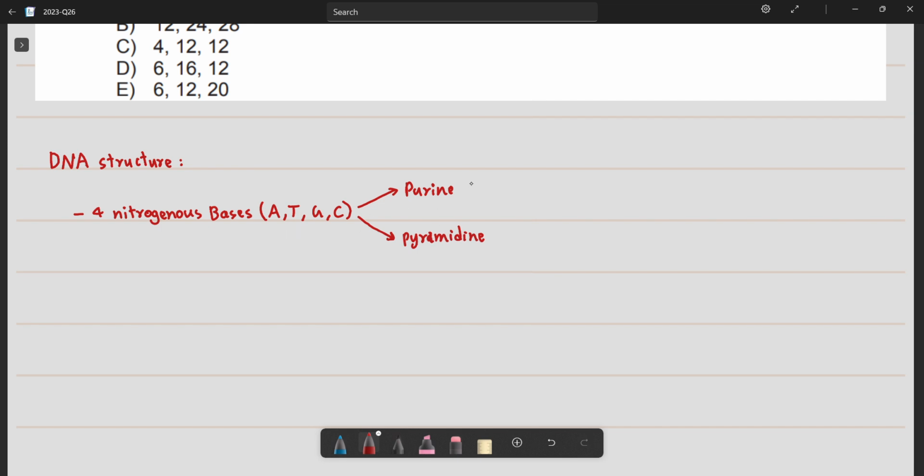So what's a purine and pyrimidine? The major difference is that purines are composed of two ring structures that are fused together, but pyrimidines have only one ring structure. Okay, so both are nitrogenous ring structures, but they differ in the number of nitrogen and carbon atoms and the overall ring structure.